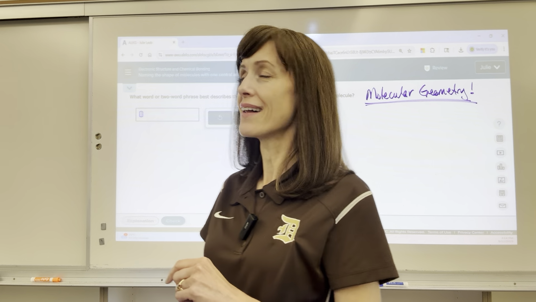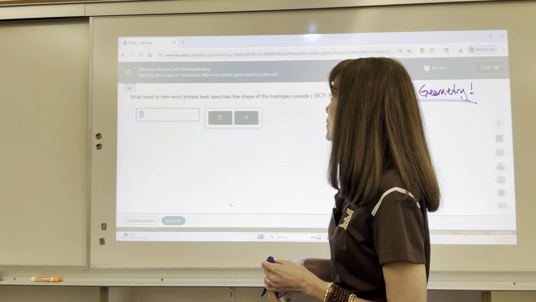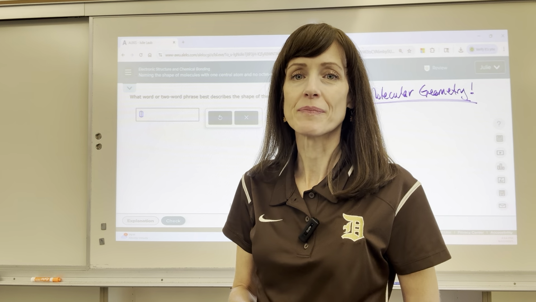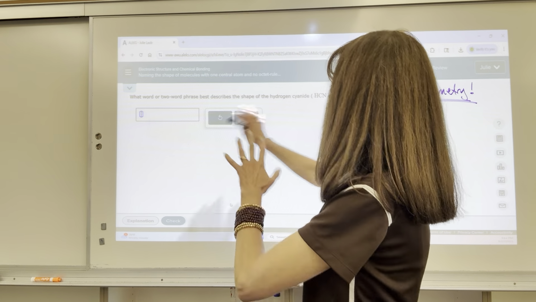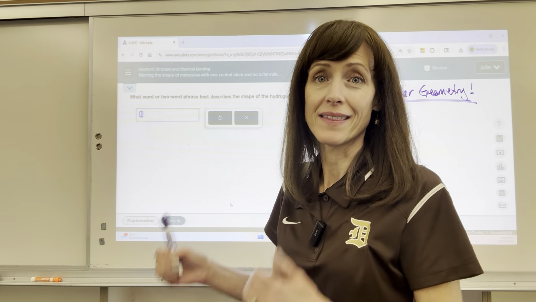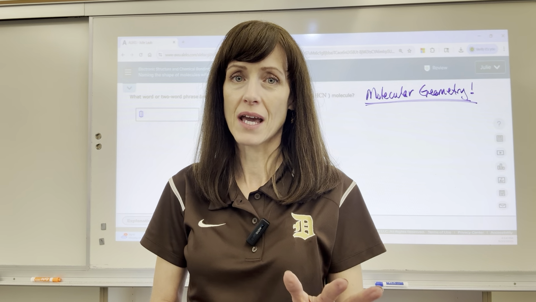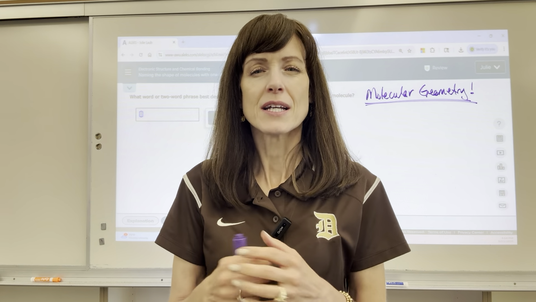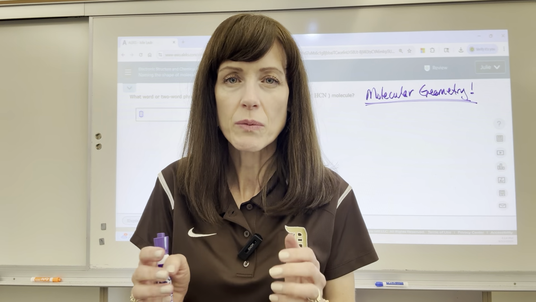Today we're going to do the ALEKS topic, naming the shape of molecules with one central atom and no octet rule exceptions. Here's what you need to know about this topic, and I'm so sorry, they don't say it anywhere in this. They want molecular geometry, not electron. It's what I tell my students: if we could see the atom, the shape, this is what we would see.